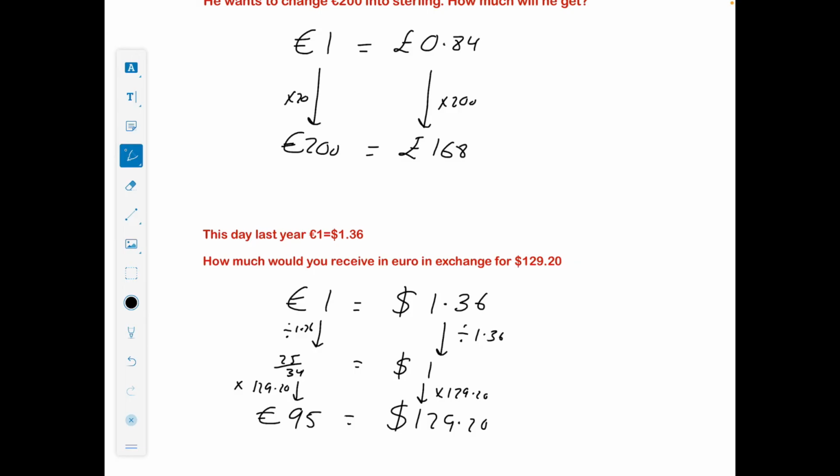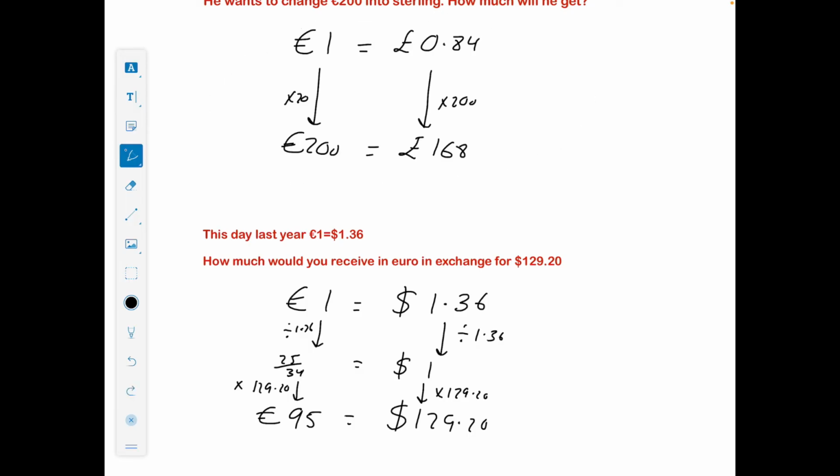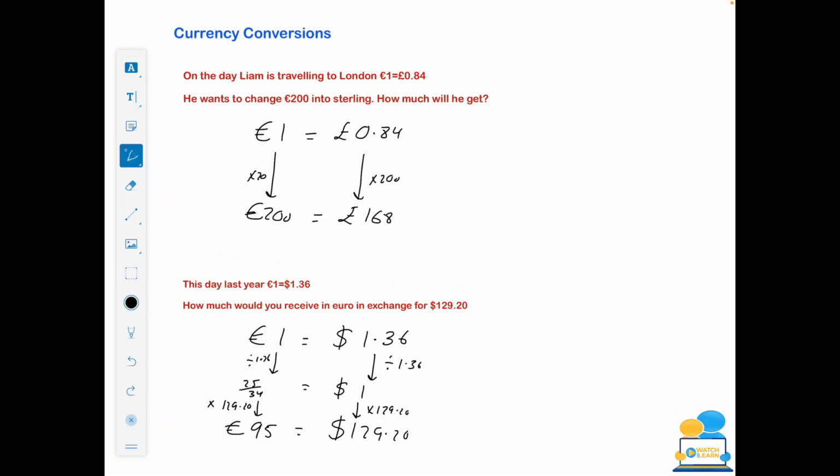So when he exchanges $129.20, you'll get out €95. I like doing that with the arrows, figuring out what you want. Here I want to go from $1.36 to 129.20. I don't know how to do that, so I'm going to first make it 1 and then go on. Sometimes it's a little bit more simple, you don't have to do that kind of middle step.